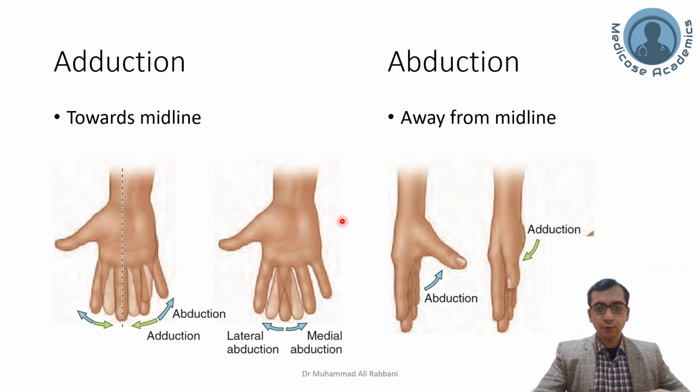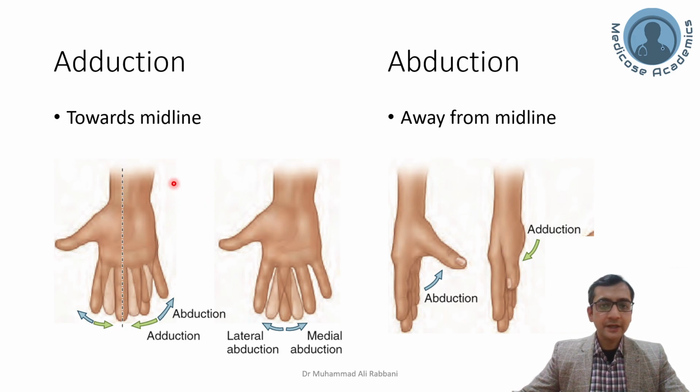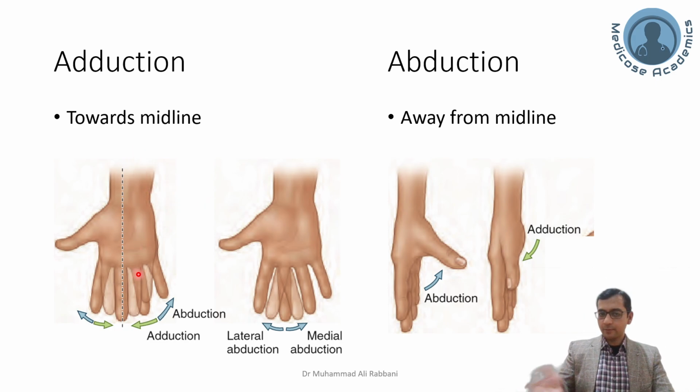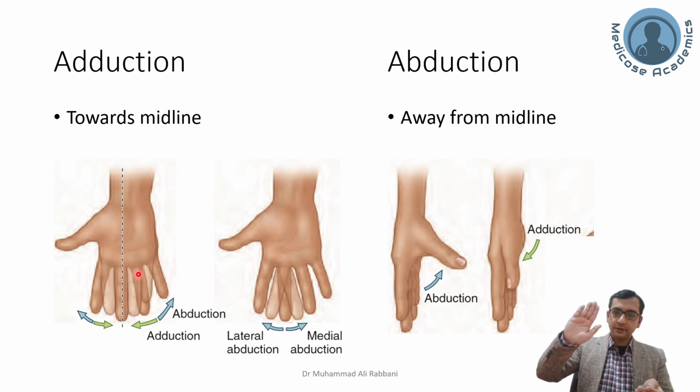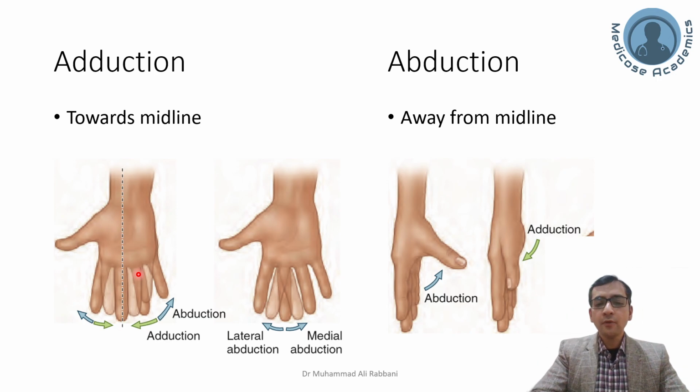For the hands and the toes, it's very difficult to define because in the anatomical position, all the fingers have to go like this to be adducted, and all the fingers will have to go like this to be abducted. To avoid this confusion, in the hand, the midline is defined as the middle digit, like your big toe, your index finger, your middle finger.